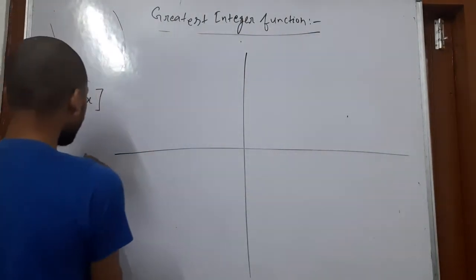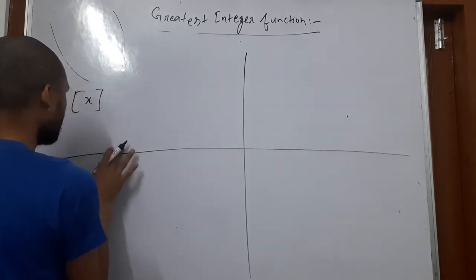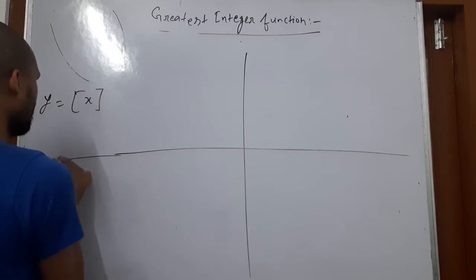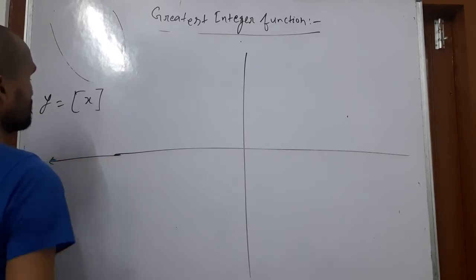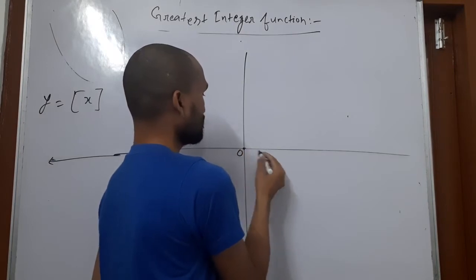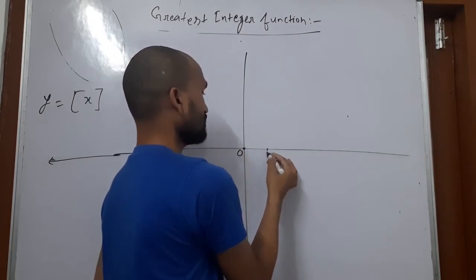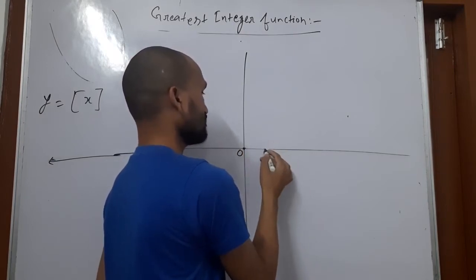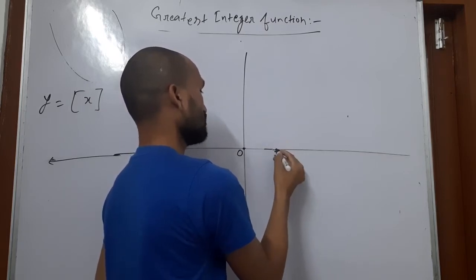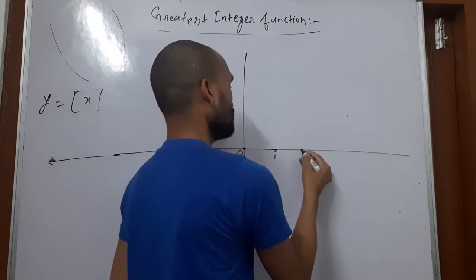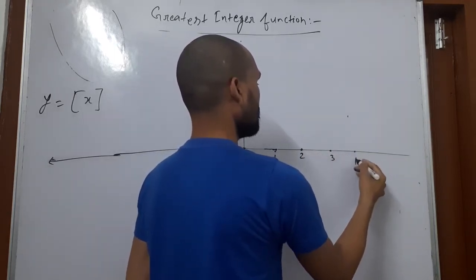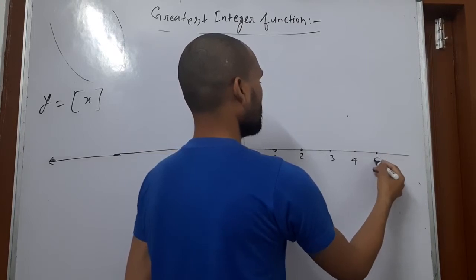We should note here some values: 0, 1, 2, 3, 4, 5.